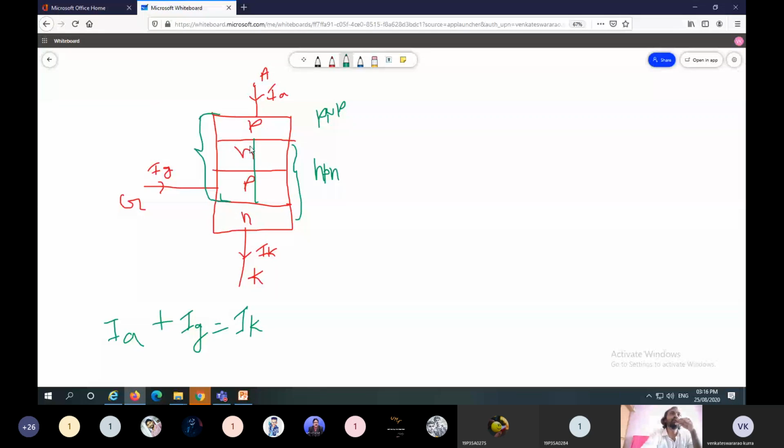If you divide the middle two layers into 2 parts, this one is P, this one is N, this one is P, and this one is N, and this one is P, and this one is N.